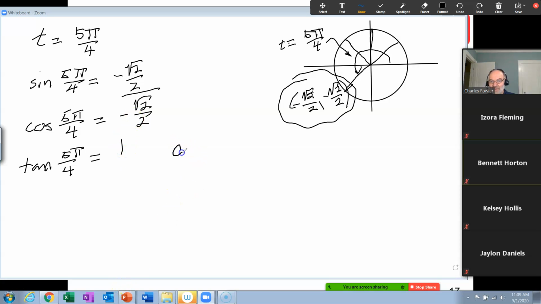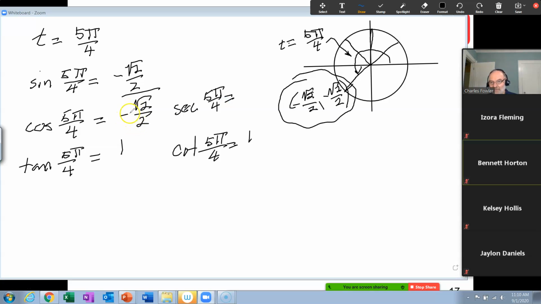Well, guess what? The cotangent of 5/4 pi is the reciprocal of this, which is 1. 1 is 1 over 1, so cotangent would be 1 over 1, just the other one. The secant of 5/4 pi is the reciprocal of cosine.